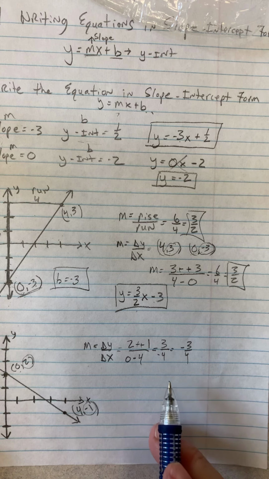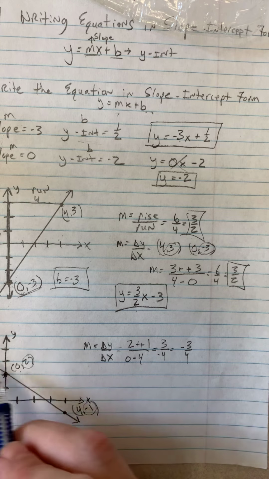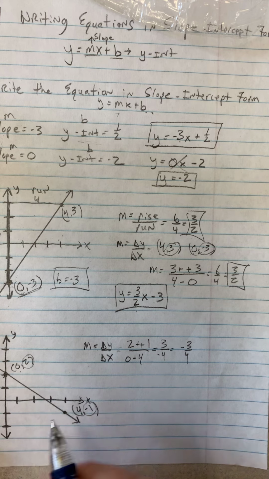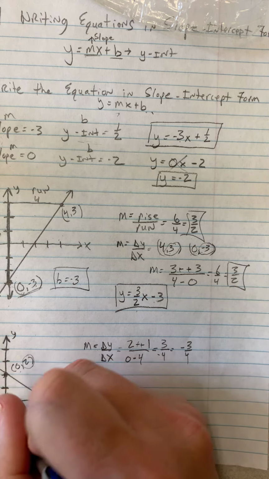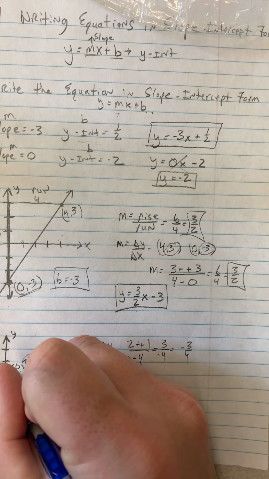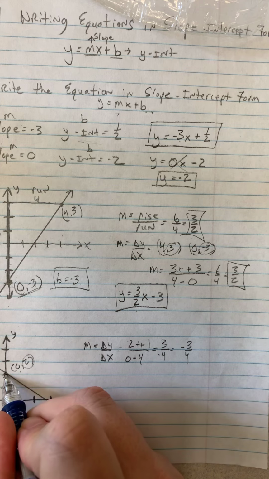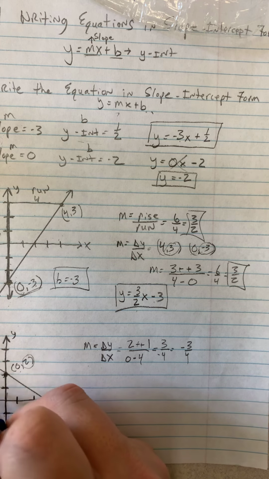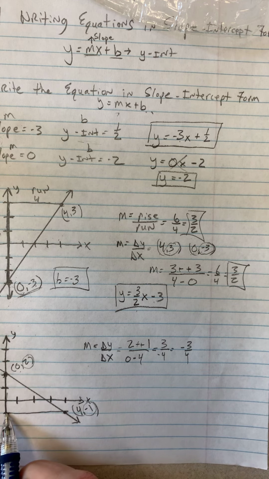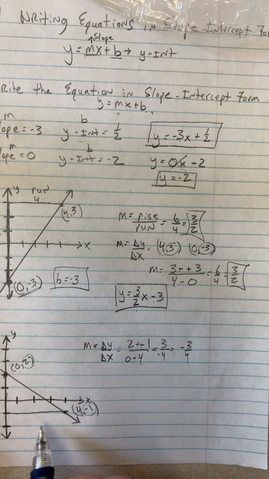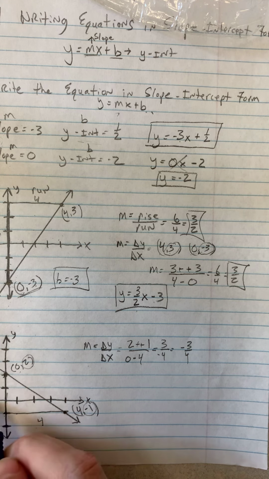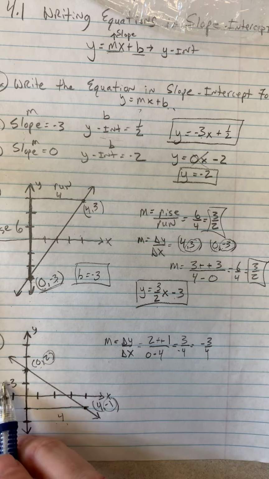And if I were to do rise over run, I certainly see that the slope of this line is negative, it's falling. To get from here to here, my rise, 1, 2, 3, down 3, to the right, 1, 2, 3, 4. And there's my rise over my run, -3/4.